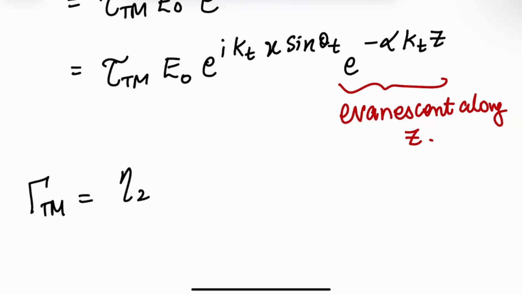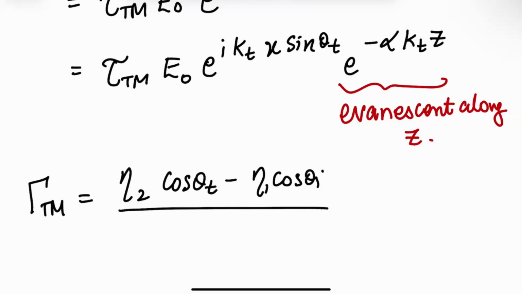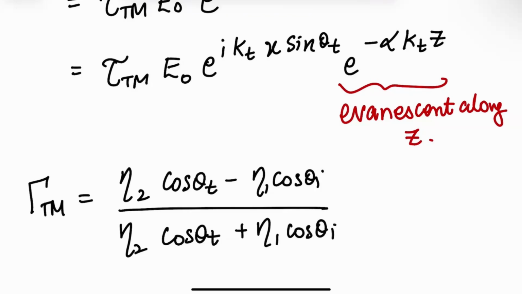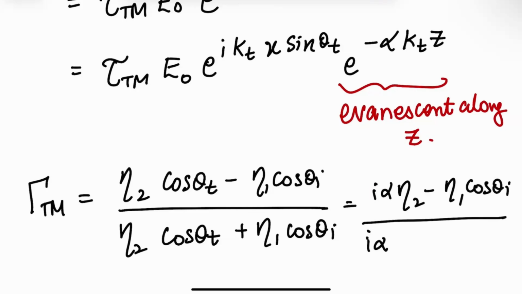So if I go back and write this as eta 2 cosine theta t minus eta 1 cosine theta i, divided by eta 2 cosine theta t plus eta 1 cosine theta i, and I replace cosine theta t with i alpha, I end up with i alpha eta 2 minus eta 1 cosine theta i over i alpha eta 2 plus eta 1 cosine theta i.